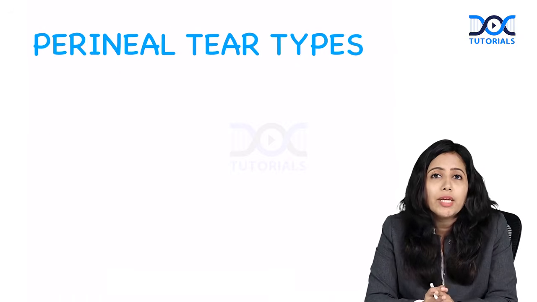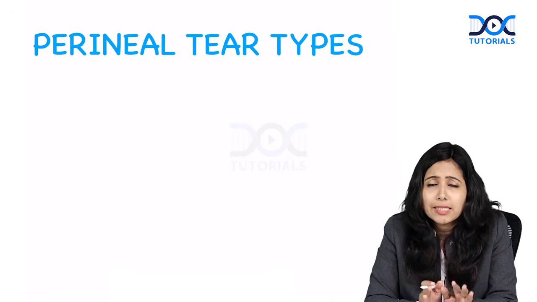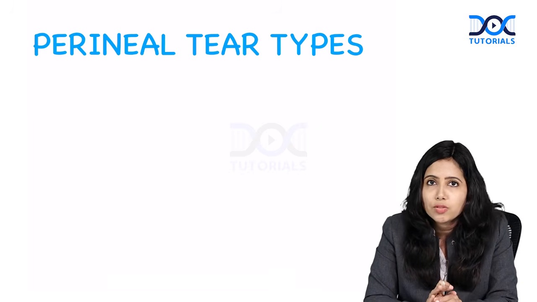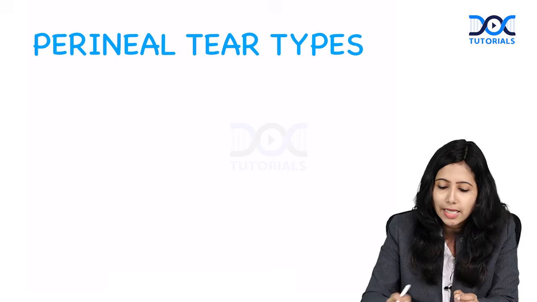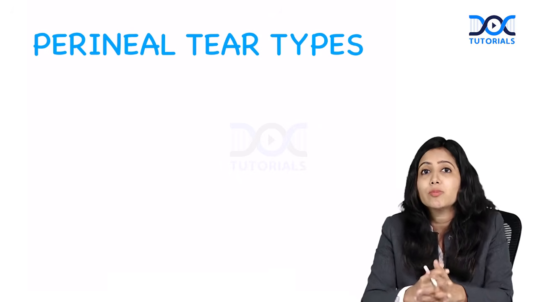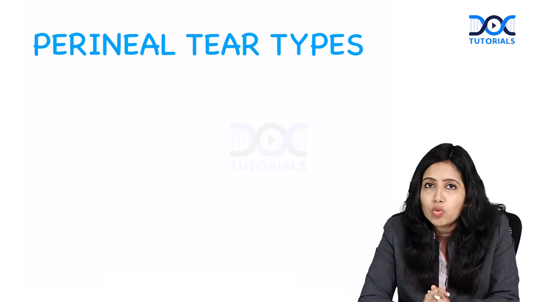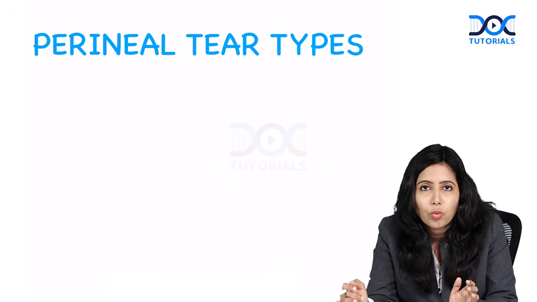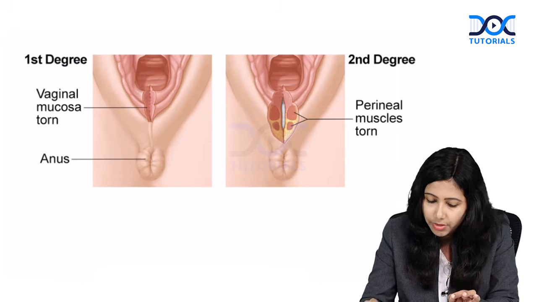Okay, now that we are discussing about the third stage, let's quickly have a look at the types of perineal tear as well. So, there are going to be some perineal tears, and let's just divide what are the types of tears that can happen. So, either it can be a first degree, second degree, third or fourth degree tear. Okay.